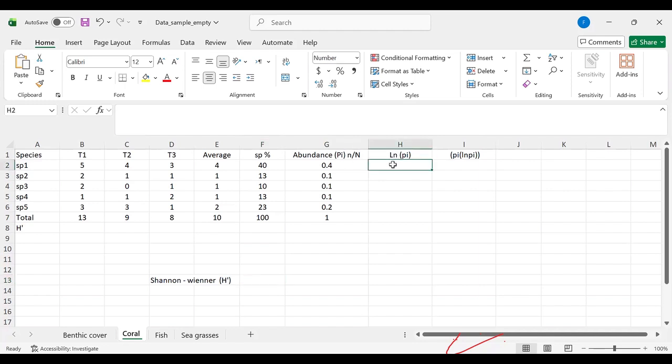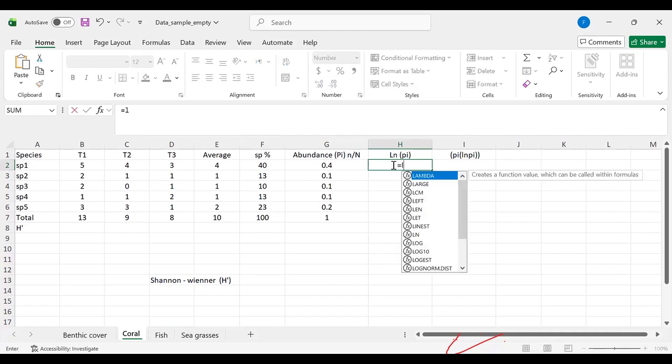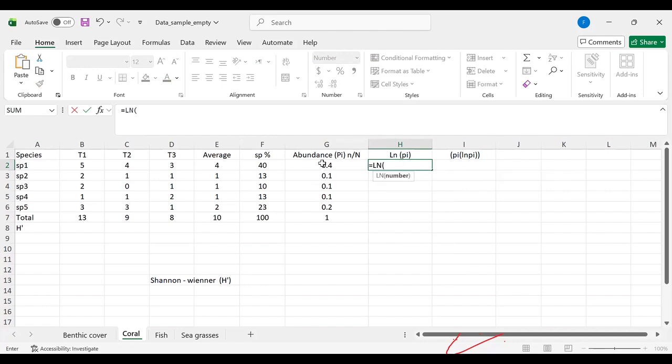So let's get the ln first. So we equal ln. It's very easy here in Excel. Actually, we used to do this manually, and it was so much hassle, big numbers, and a lot of mistakes. But Excel makes it easy. So I'm just doing like this here, and this is the ln, and I drag down all.